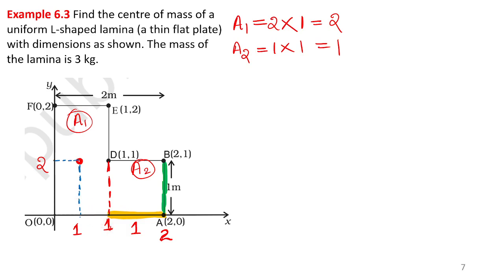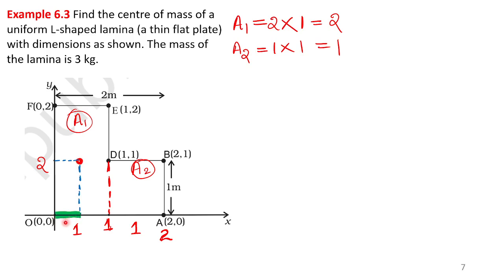I am talking about the first rectangle. Let me delete. This length should be half. Understood? That point is the center. So this length should be half of 1. You agree with me? This length is 1 actually. This point should be the center, meaning that this distance will be 1 by 2.